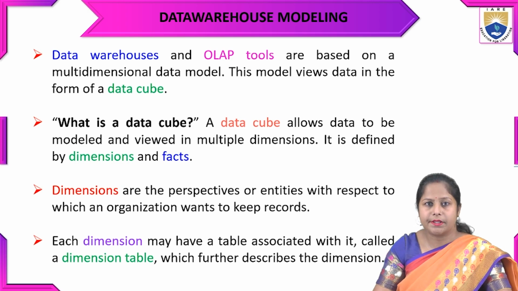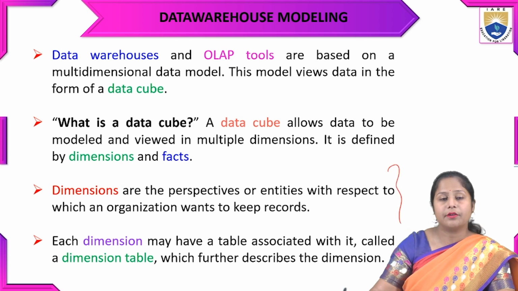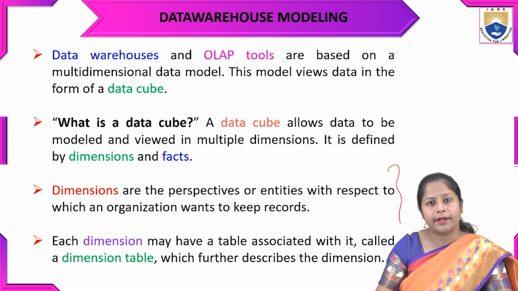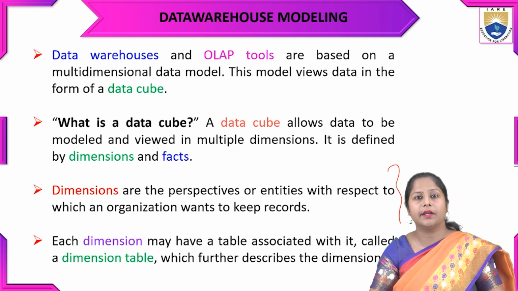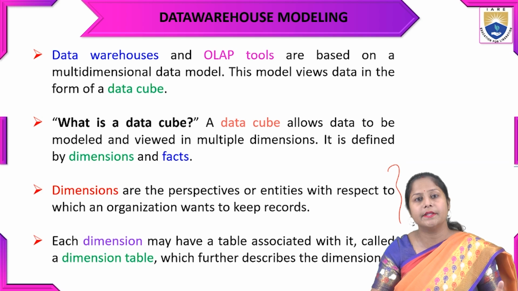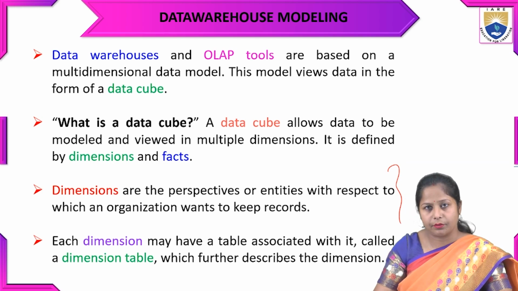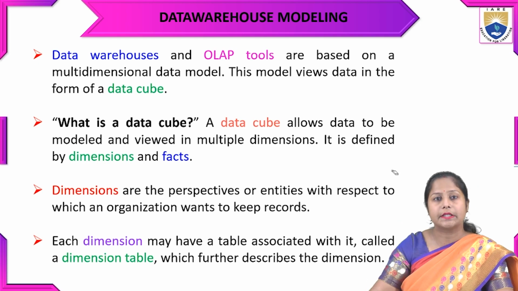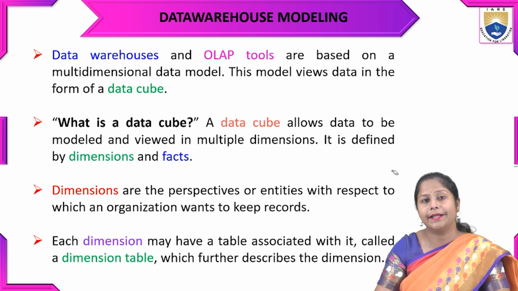Now what is a dimension? A dimension is the perspective with respect to which an organization wants to keep records. Particularly, a dimension is a relative perspective to see the class labels.